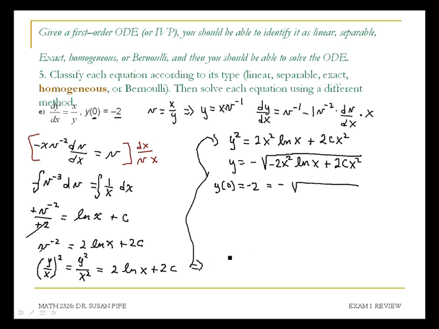X can't be 0 because x is the argument of the natural log. So this is undefined.